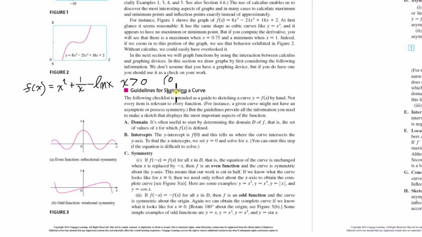Okay, but if I didn't specify the domain, what happens is, one step that you do, we'll see it in a little bit, is you find the critical numbers. So you would say, okay, f prime of x is equal to 2x minus 1 over x squared minus 1 over x.